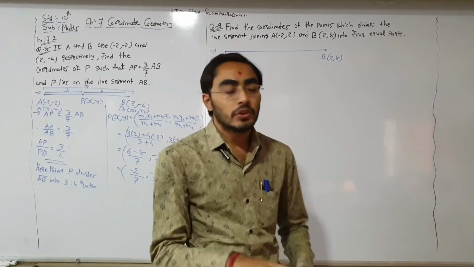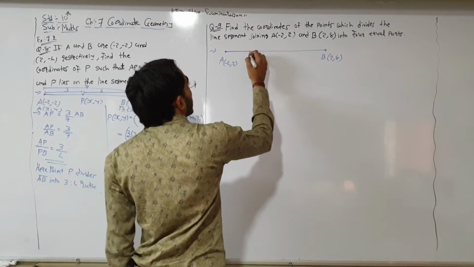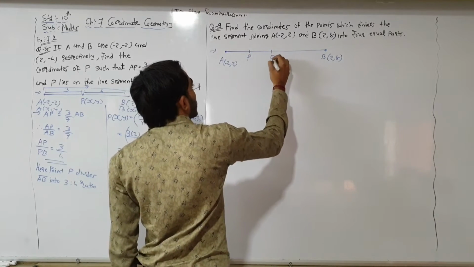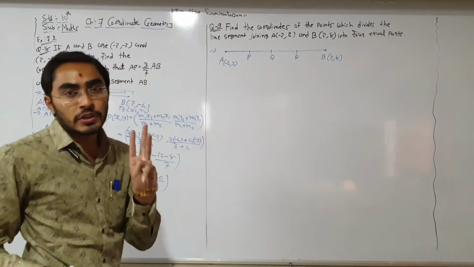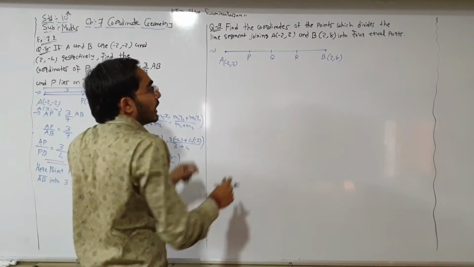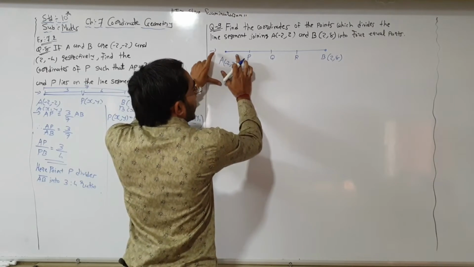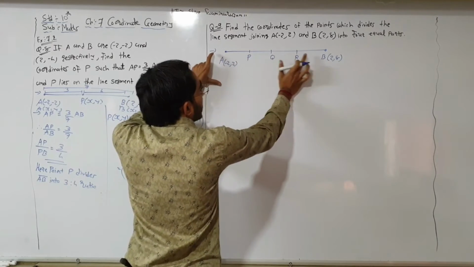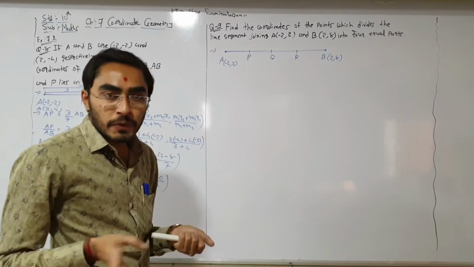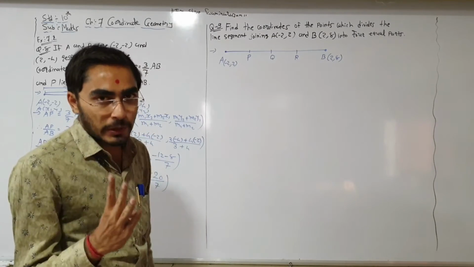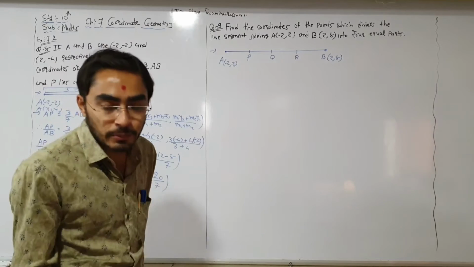So here we put P, Q and R. Now you can see the first part, second part, third part and fourth part. To make 4 equal parts, we require 3 more points.